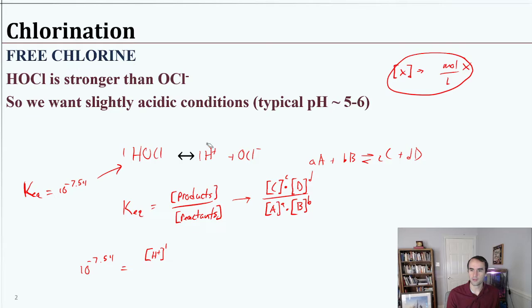I'm just going to erase those for simplicity, but I just wanted to remind you, times OCl minus to the 1 power divided by HOCl. Okay, so that's going to be an equation that we will use very often to solve for, and of course HOCl is raised to the 1 power. So again, these raised to the 1 power, we can just basically ignore it because anything to the 1 power is just itself. So this is hopefully just a quick reminder of equilibrium chemistry.